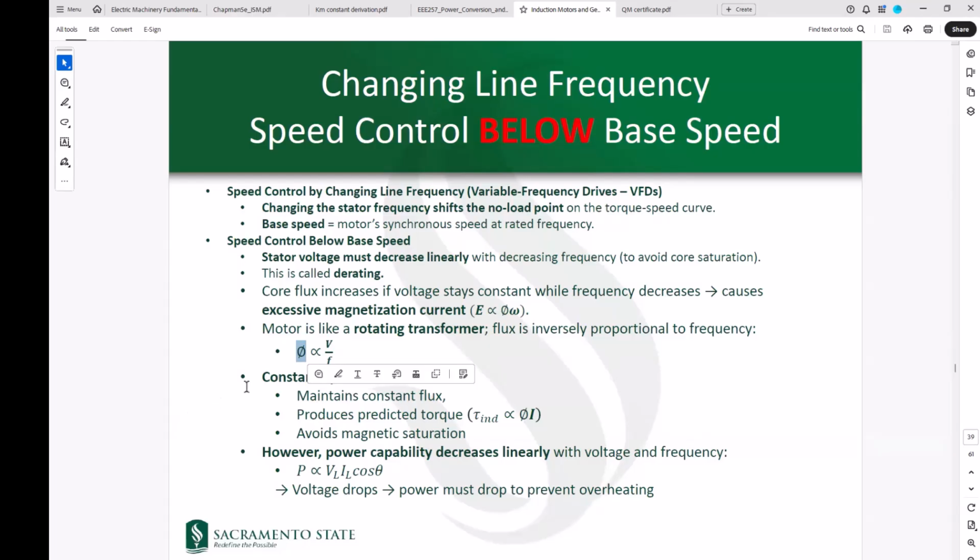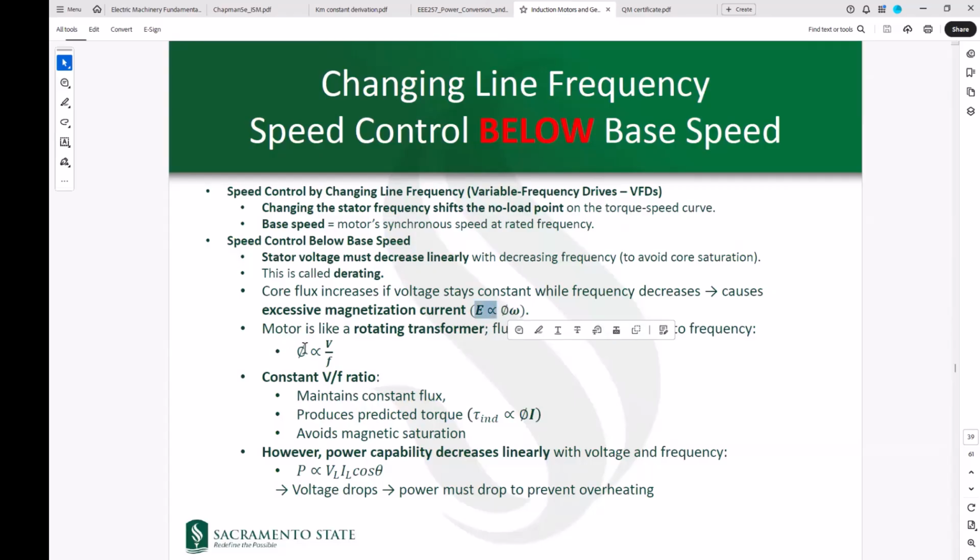And increasing the flux might have the danger of going into saturation or causing excessive magnetization current. Because we know that E is proportional to phi omega. If you're keeping E at the same value and reducing omega, it means that phi should increase, right?